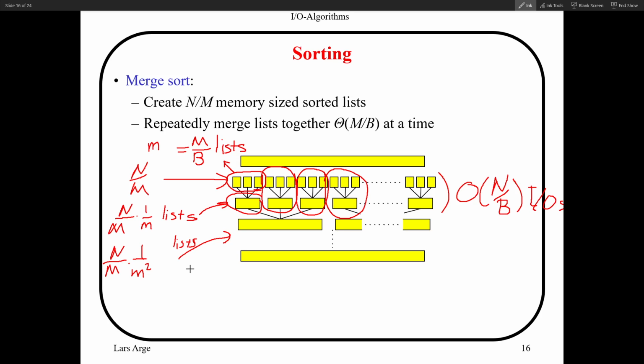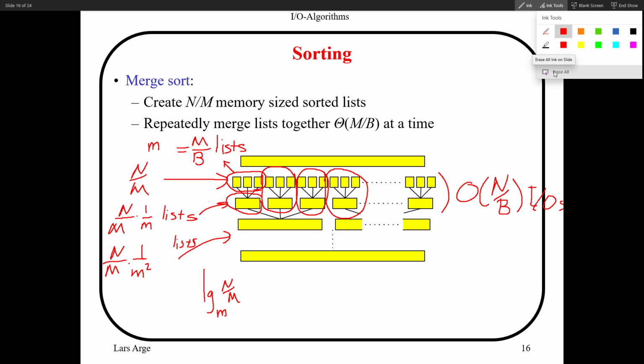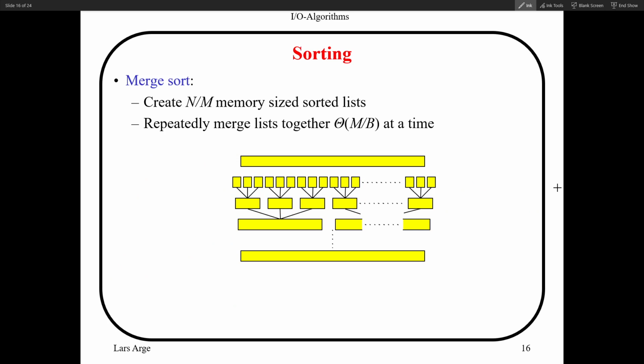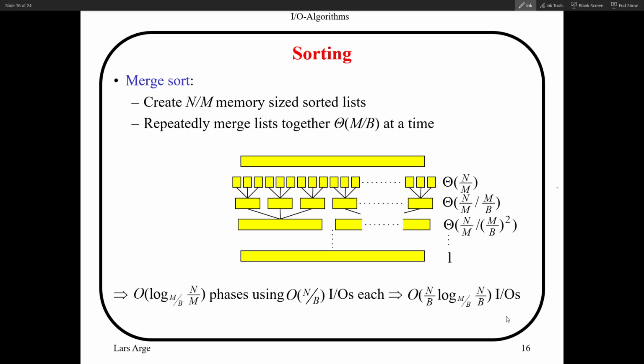If you continue this operation, the number of lists goes down by a factor m at each level. So the total number of levels is going to be log base m of N over M. After this many levels, I will have only one list left, which obviously will be sorted. At each level I use N over B IOs, so the total amount of IOs that I use will be N over B times that log factor. So that's what it takes to sort using merge sort.